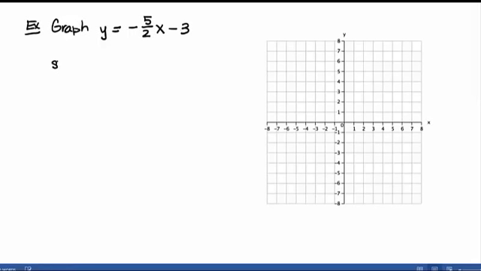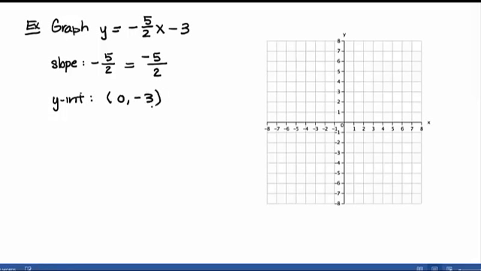So our slope is the coefficient of the x, which was negative 5/2. And remember, since it's a negative, I can throw my negative sign in my numerator or in my denominator, but not both. But I'm going to put it up there with my numerator. And my y-intercept is the point 0, -3.